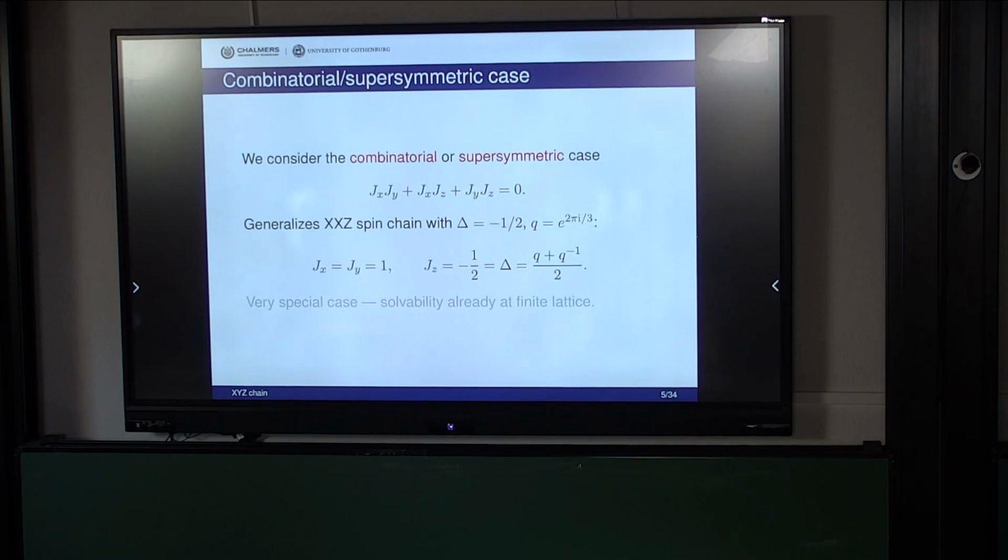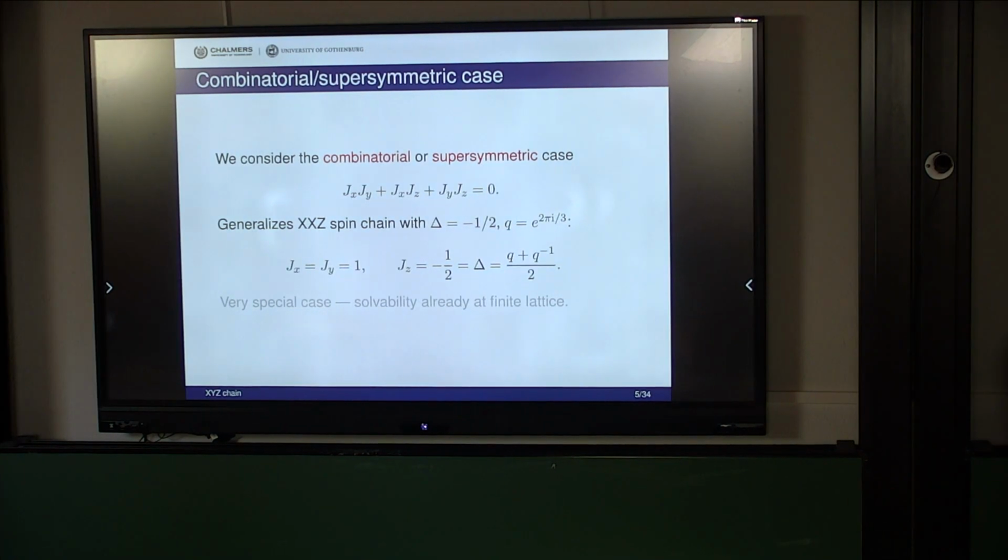XXZ means that 2 of these parameters are the same, so we might as well put Jx and Jy equal to 1. And then you can solve this and see that Jz is -1/2. And this -1/2 is usually called delta. So it's the delta equal to -1/2 XXZ chain.